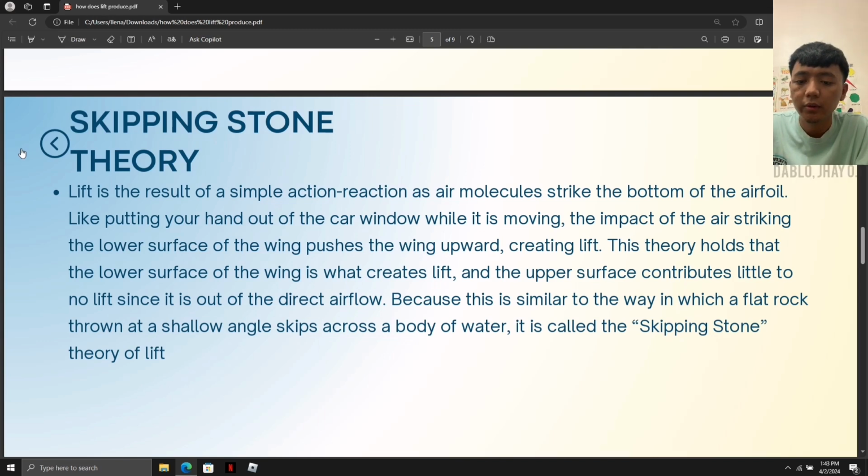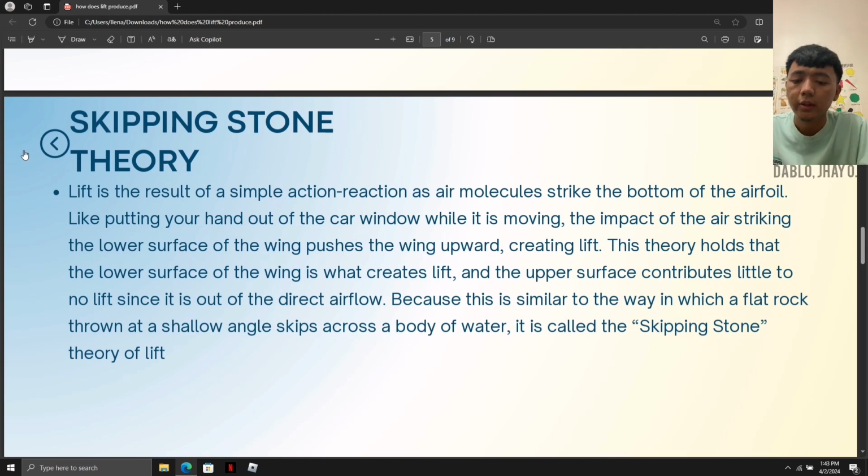The skipping stone theory is an alternative explanation to lift generation, which challenges the traditional equal transit time theory. It suggests that lift is primarily produced by the downward deflection of air by the wing rather than by the difference in airspeed over the wing surface.